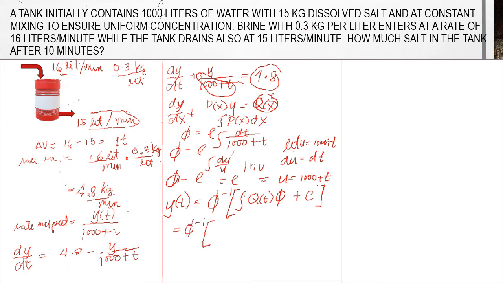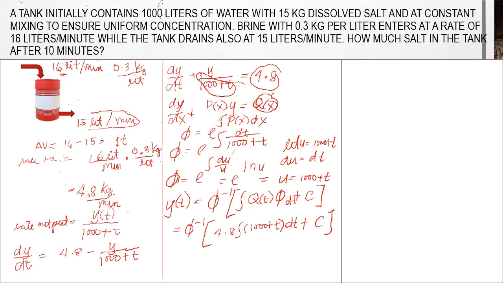However, your q of t is 4.8, so it is a constant, and it is easier to keep it out of that integral. Your phi is 1000 plus t, dt. I forgot the dt here. Plus c.